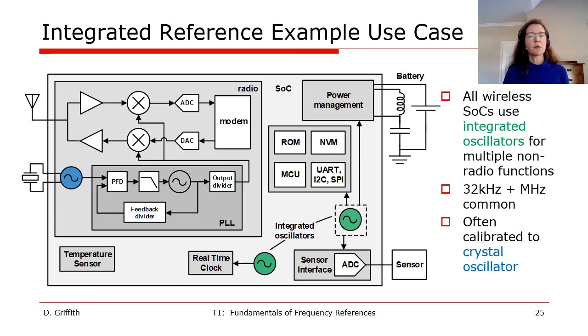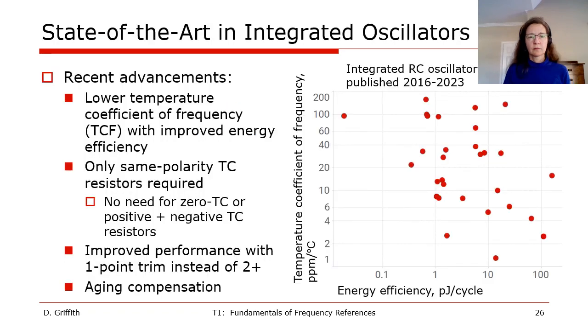Most commonly, there's going to be a 32 kilohertz oscillator used as an input to a real-time clock for the timekeeping functions. And also there'll be a clock in the megahertz range used for the higher frequency needs. So as mentioned before, these two integrated oscillators are often recalibrated to a more accurate crystal oscillator, shown in blue here, which we will discuss in more detail later.